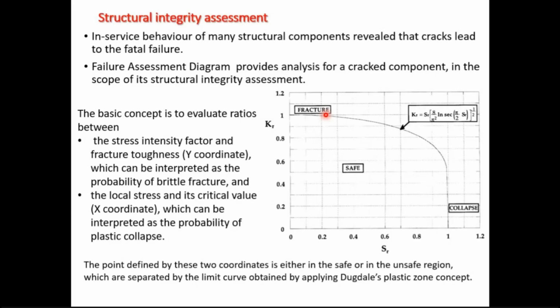We estimated its value based on our previous experience and literature data. Loading is defined here as well as geometry. In this case, it is a simple task. We just use basic fracture mechanics parameters, the stress intensity factor, to evaluate K1.